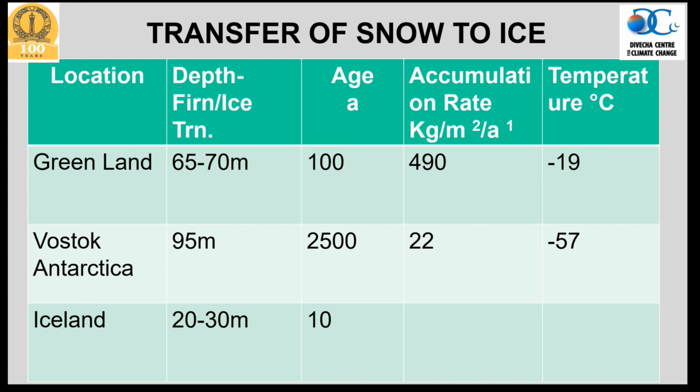The key question is why it takes such a long time to convert snow into ice, 2,500 years in Antarctica, while it takes just 10 years in Iceland.